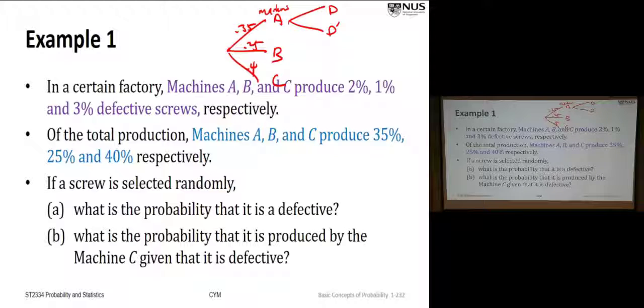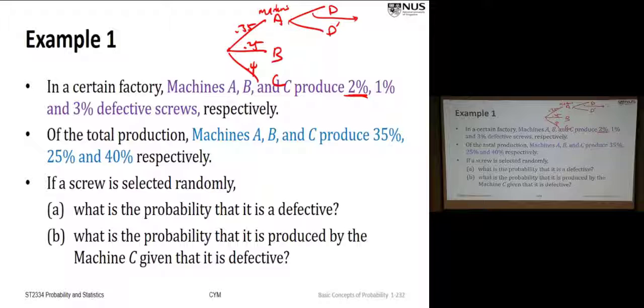What is this probability? 2%? Is it correct? What does this branch mean? It represents the probability of going to D, that means a defective screw, from A. So that means it's conditioned on A.